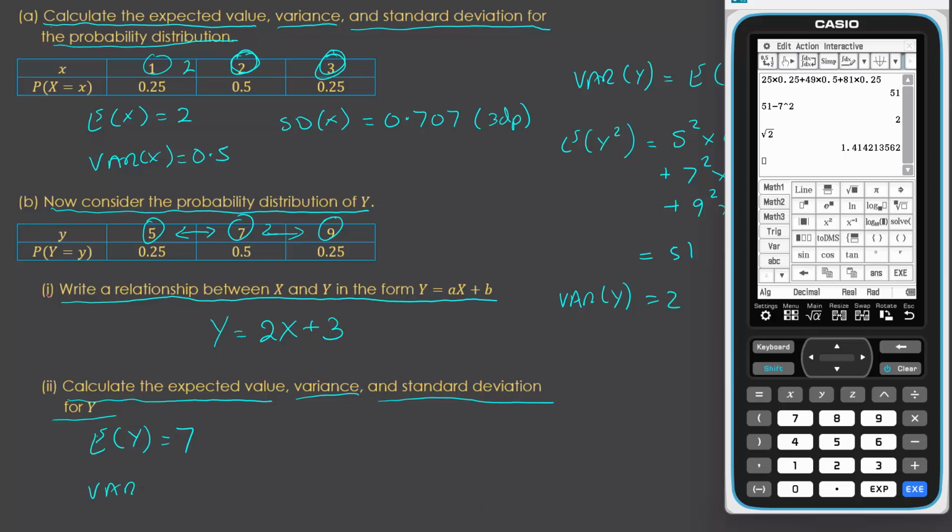So we've got the variance of y is equal to 2. And of course, the standard deviation of y is just the square root of 2, which is 1.414, correct to 3 decimal places. So we've got all of those there.